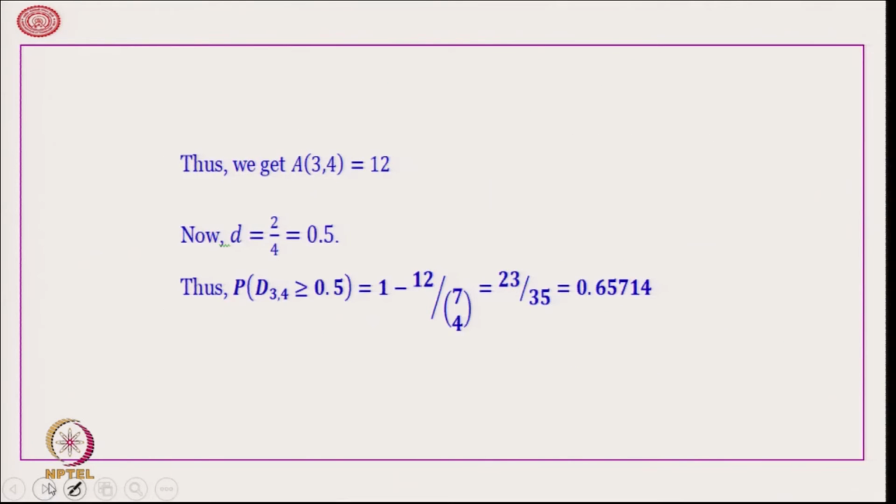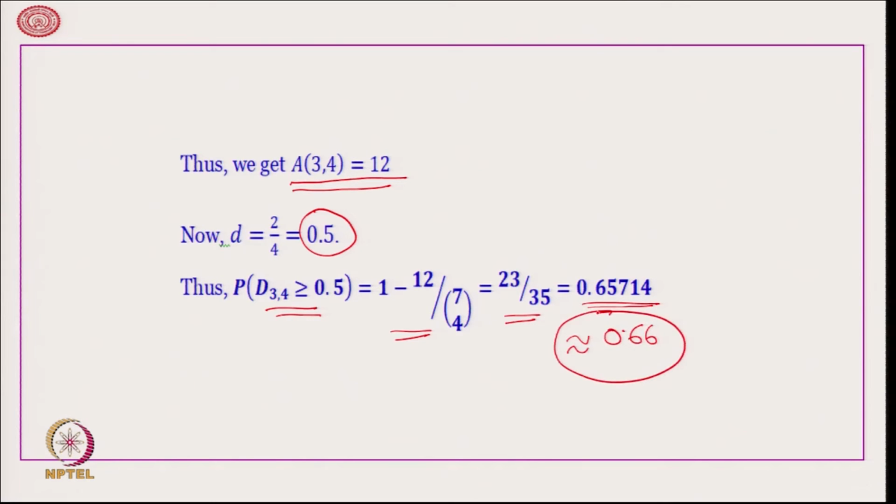Once we have computed that, we find that A 3 4 is equal to 12, and note that here D was 0.5 as we have explained. Therefore, probability D 3 4 greater than or equal to 0.5 is equal to 1 minus 12 upon 7 C 4, which is equal to 23 upon 35, which is 0.657, very close to 0.66.